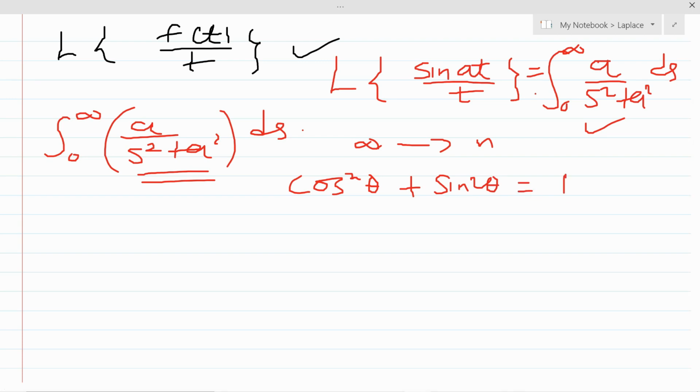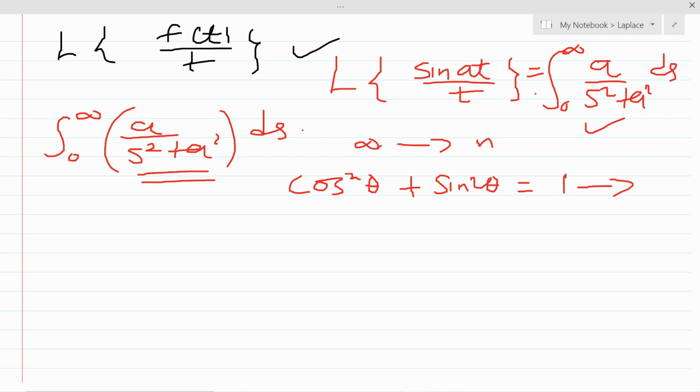Now if I choose to divide the whole of this by, let's say, sine of theta or cos of theta, something will change here. So let's try to divide the whole of this equation by cos squared theta.